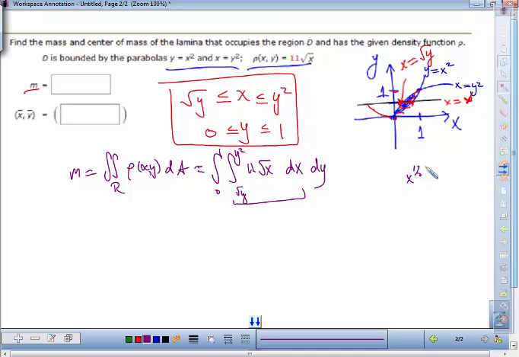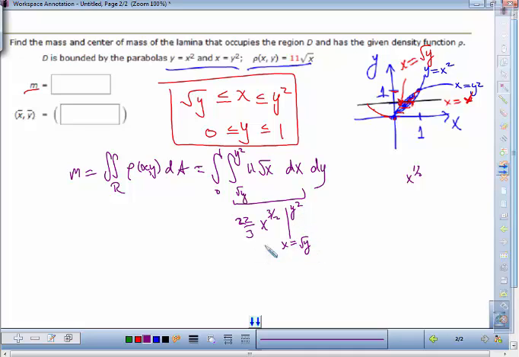X to the 1/2, x to the 3/2 divided by 3/2, so that's 2/3 times 11, x to the 3/2 power. And then you need to evaluate this because your x limits are going to go from square root of y to y squared.